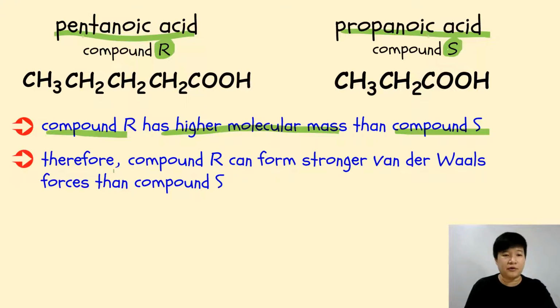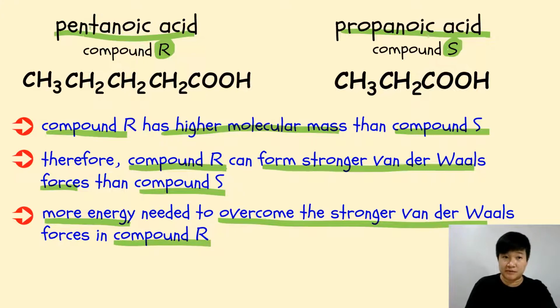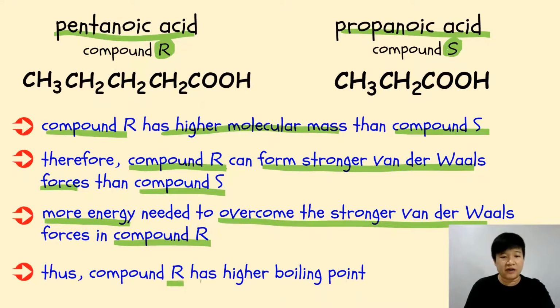The second point over here, your compound R therefore can form a stronger van der Waals forces than the compound S. Bear that in mind, the higher the molecular mass, the stronger the van der Waals forces. Therefore, you will need more energy to overcome the strong van der Waals forces in the compound R, which has a higher molecular mass. Last but not least, the compound R over here will have a higher boiling point.